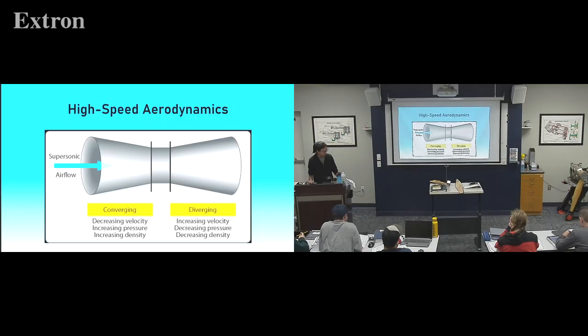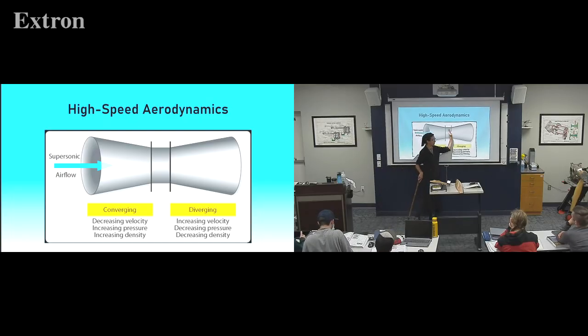And we are going to talk very, very briefly on high-speed aerodynamics. We'll talk a lot more in other classes, but the biggest thing you need to know is what happens with velocity and pressure. So, if this was not supersonic, if this was just normal subsonic airflow through, what is this duct called?